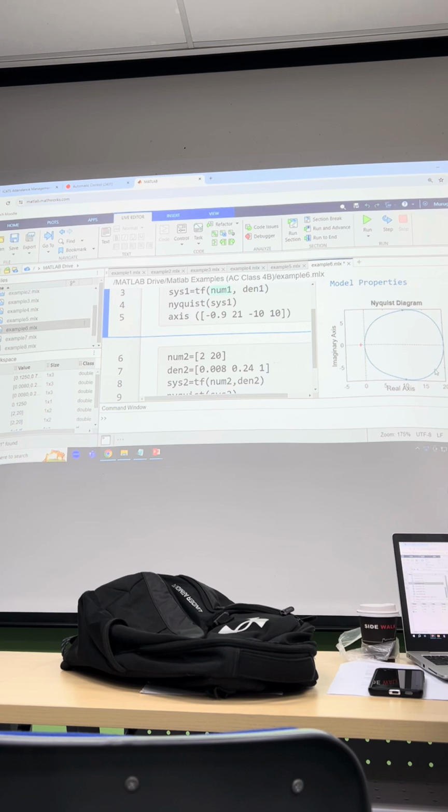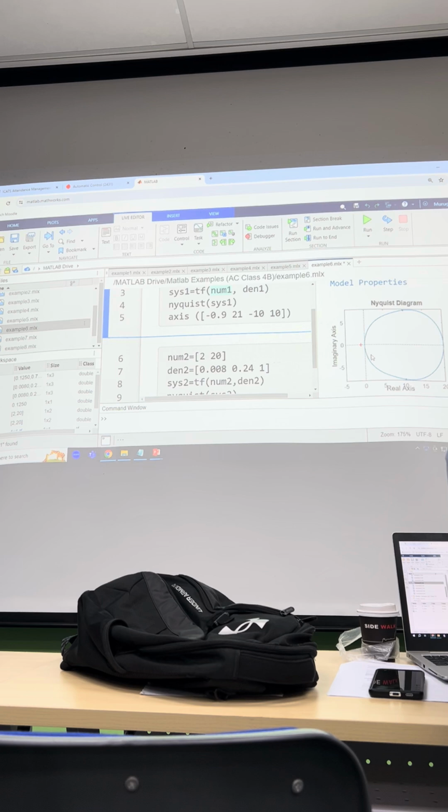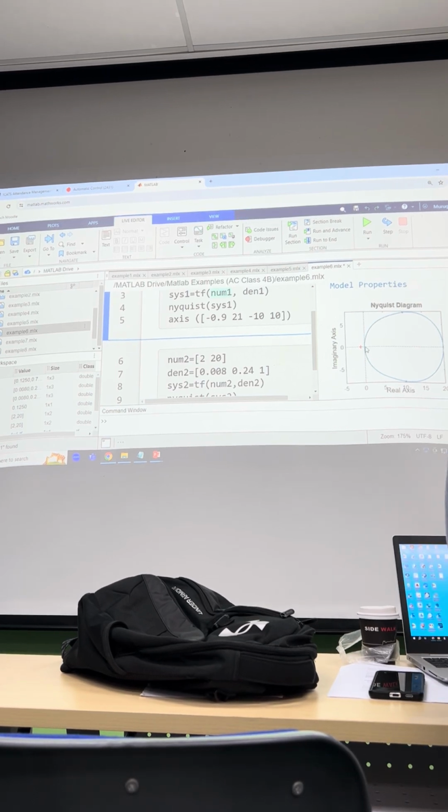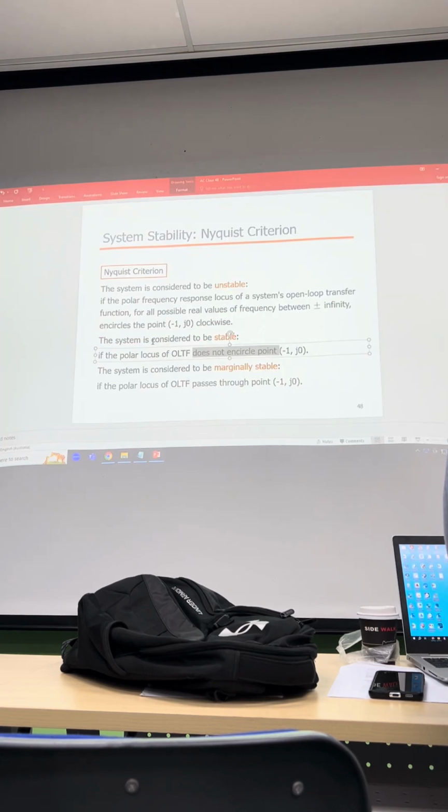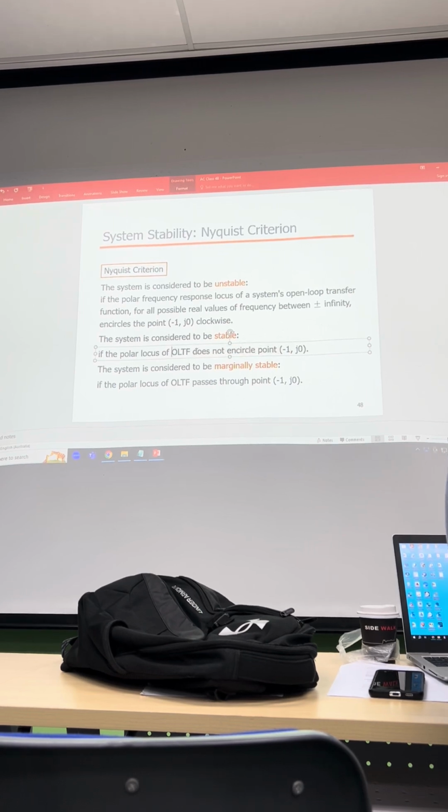If this curve is not covering it and is coming to the 0, then the system is stable. If the curve is coming over here, it is closing to the 0 without even touching the -1 value, so this is stable. It says that the system is stable because it does not encircle the -1.